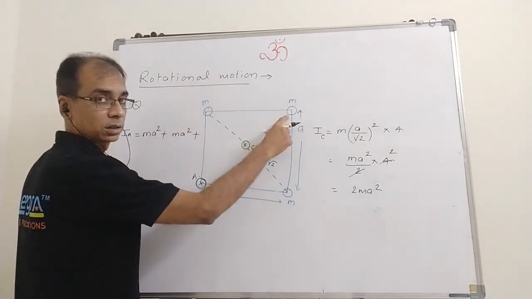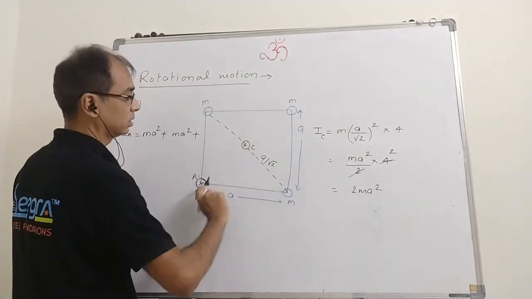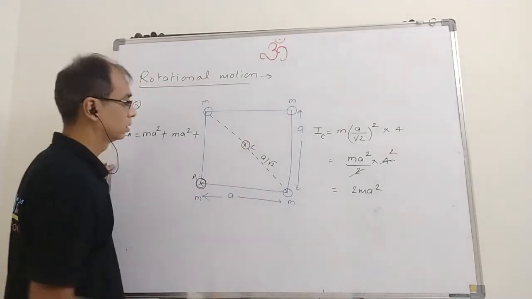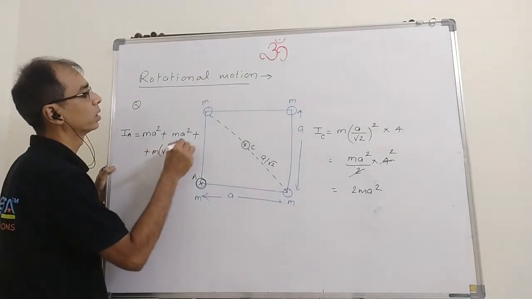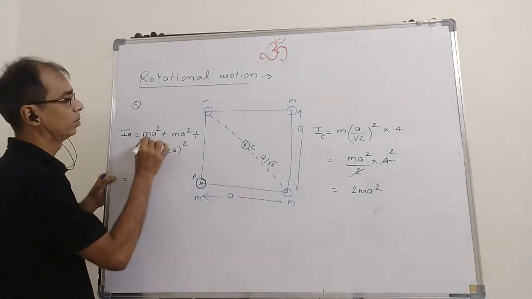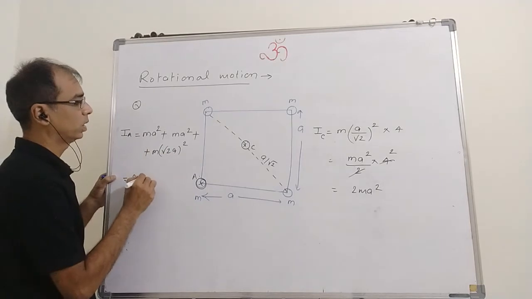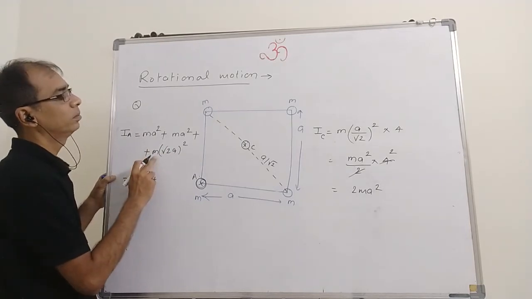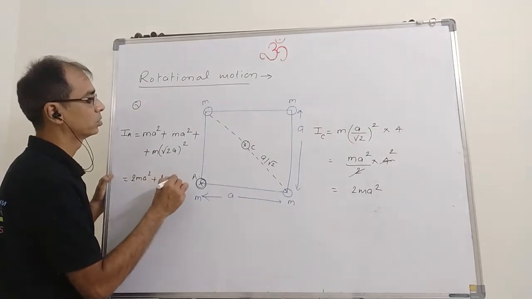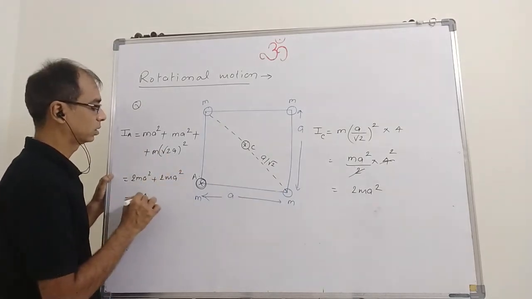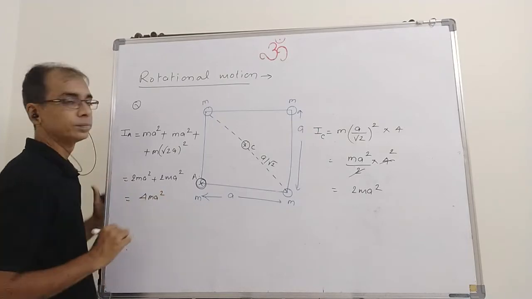Now for this mass, what is the distance? This is the diagonal, root 2A. So plus m into root 2A whole square. We get mA square plus mA square is 2mA square, plus m into 2A square, that is 2mA square. So the answer is different: 4mA square.